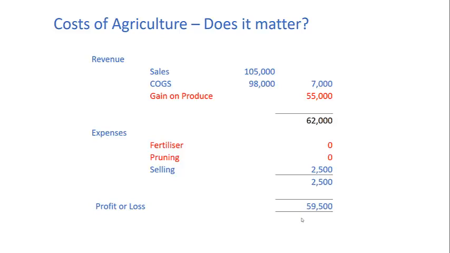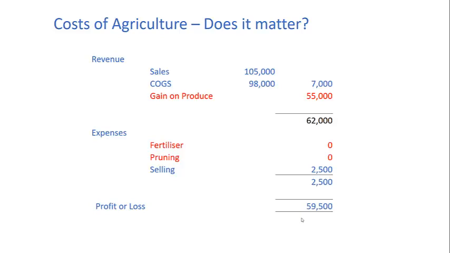However, what you can see is that at the end of the day, it doesn't change the profit that we recognise. It's still $59,500. And what this is sort of telling you is that with fair value accounting, it doesn't matter what costs you recognise as being attributed to the asset or not, because at the end of the day, that's exactly offset by a change in the gain on production.